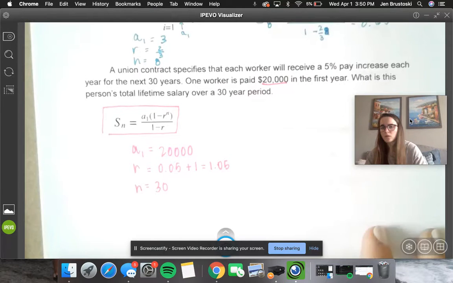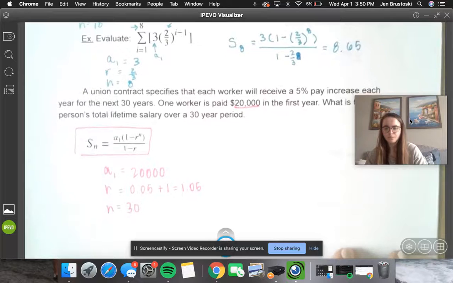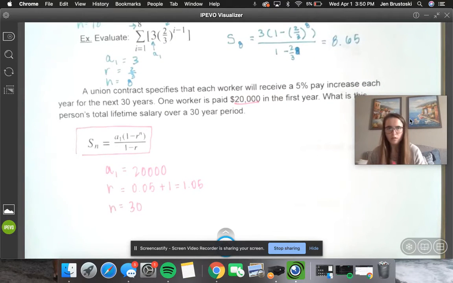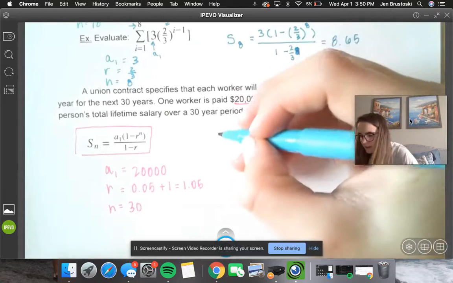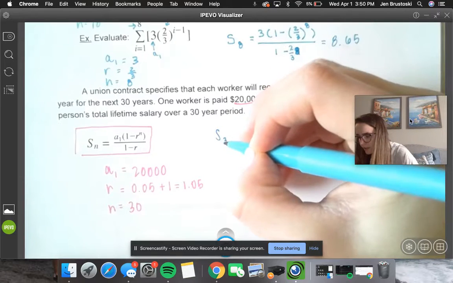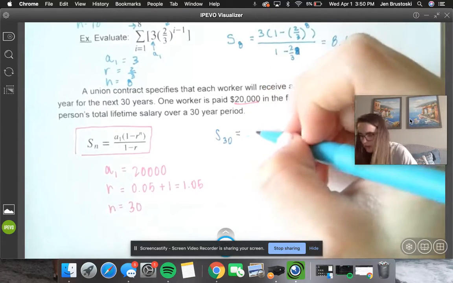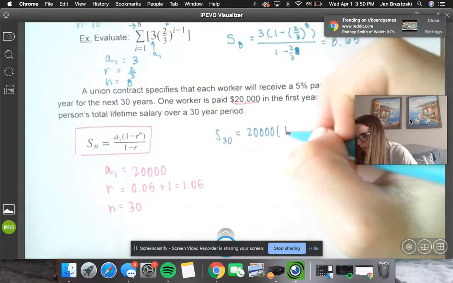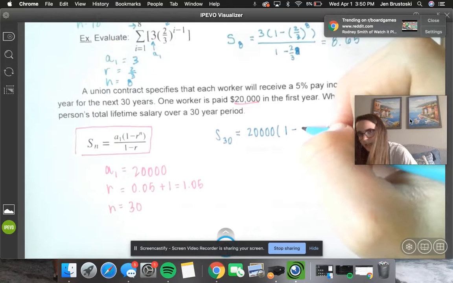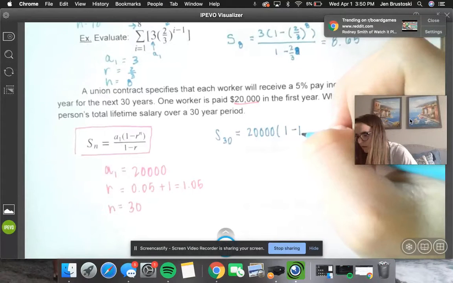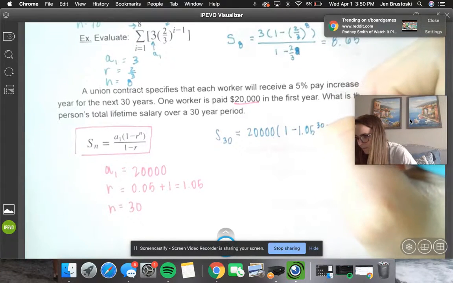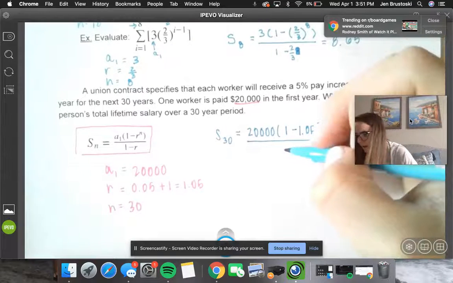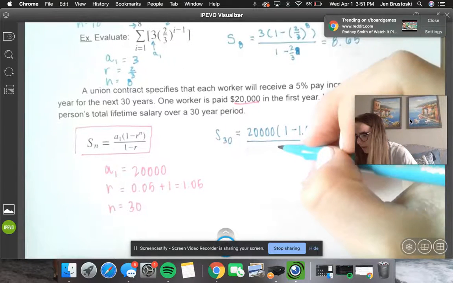So we're going to add all these values together by using our equation. S of 30 equals 20,000 times 1 minus r to the n all over 1 minus r.